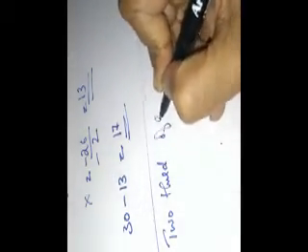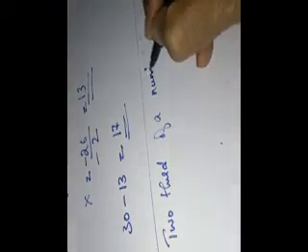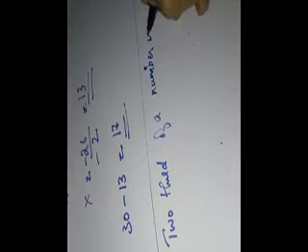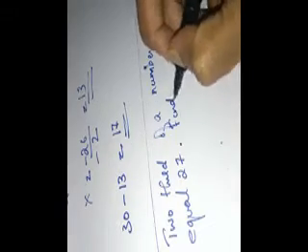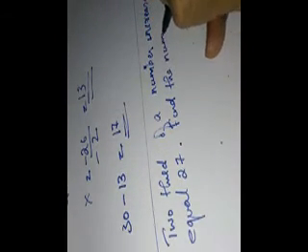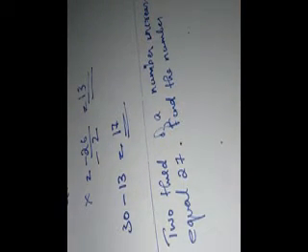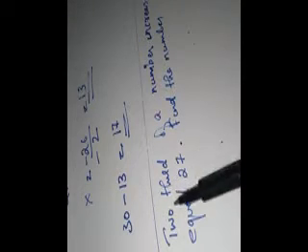2/3 of a number increased by 5 equals 27. Find the number. So what you have to do is assume. Here it says 2/3 of a number, increased by 5.